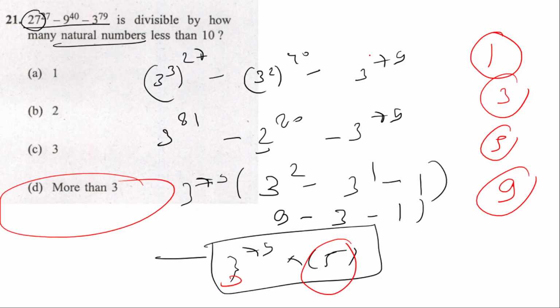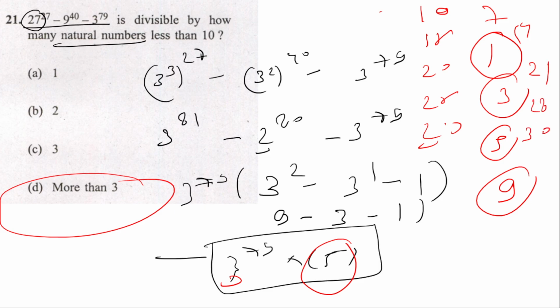Like 5, 10, 15, 20, 25, 30, and 7, 14, 21, 28, 35. So you can see the number will be more than 1 or less somewhere. So it is not going to be divisible by 7.